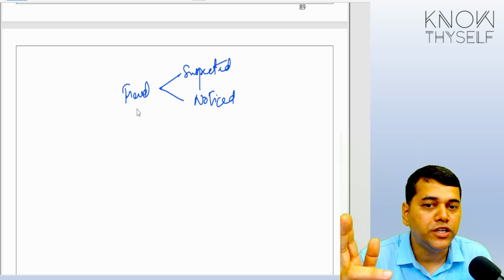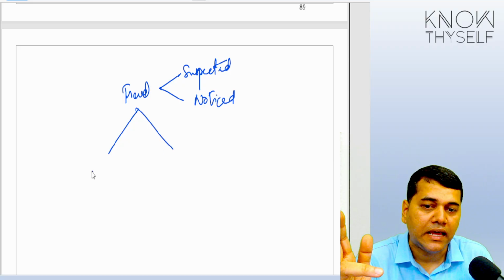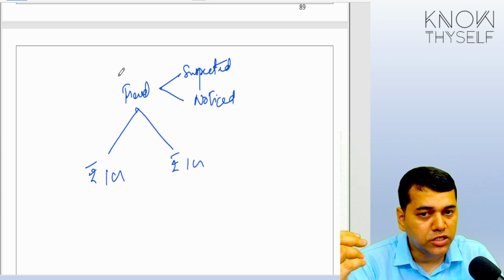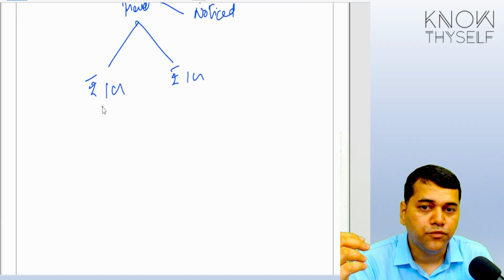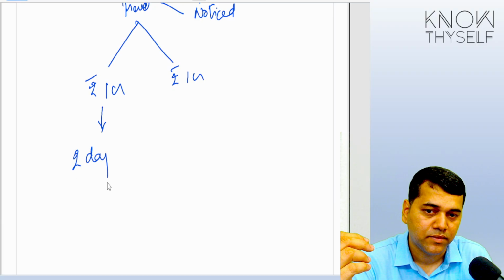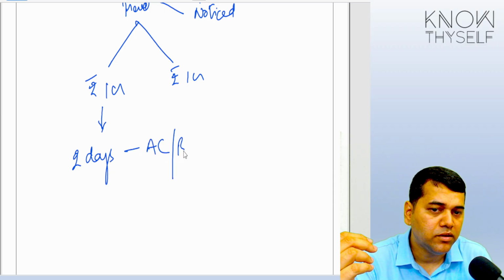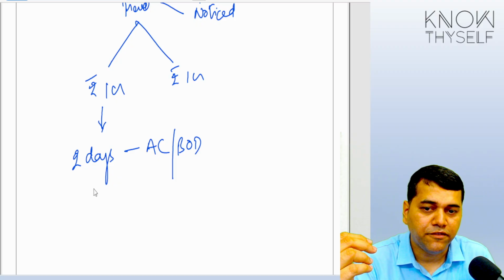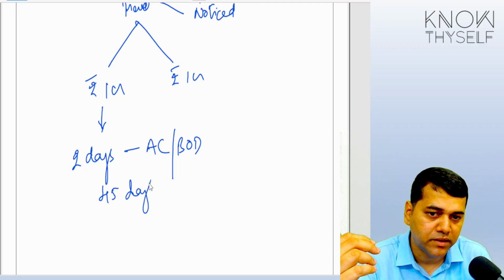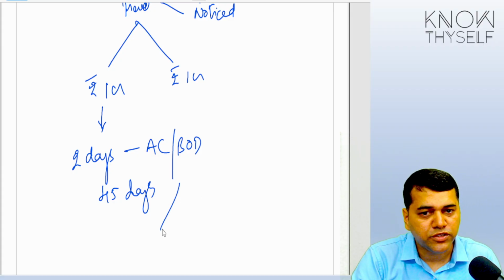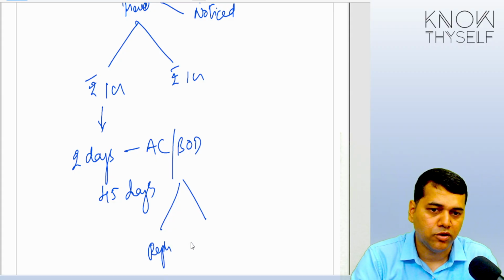Then first thing you need to see is whether the value is more than 1 crore or less than 1 crore. If it is more than 1 crore, then within 2 days, you have to inform the audit committee or board of directors and wait for 45 days for their reply. The moment you come to know, within 2 days you report. So there can be two scenarios, either they will reply or they will not reply.